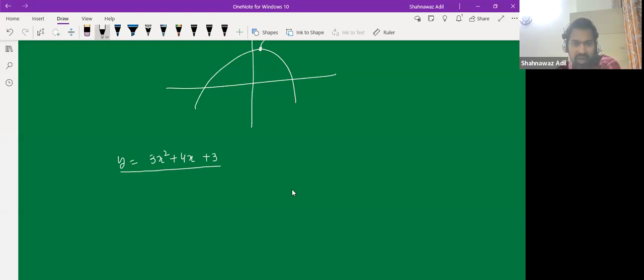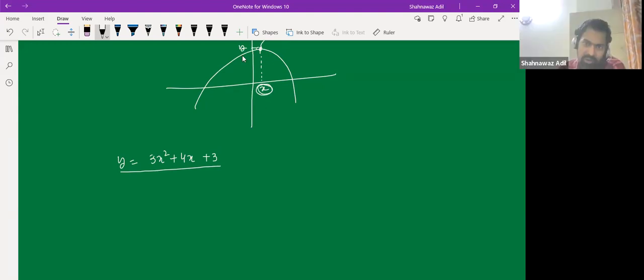And if I want to know at what value of x, it has x and it has y. So this is the point where the maximum value occurs, and this is the maximum value, right? Yes, sir.